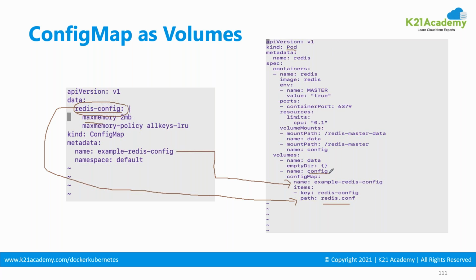It has been config, right? Now this config has been called here in the mount points. So what will happen automatically is that in this mount path called redis-master, this redis.conf will get copied. It will map. Actually, it is a mapping. It is a volume. It is getting mapped there.